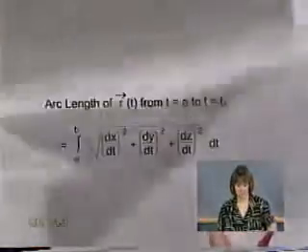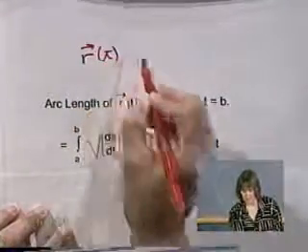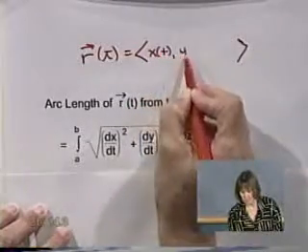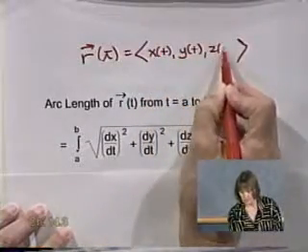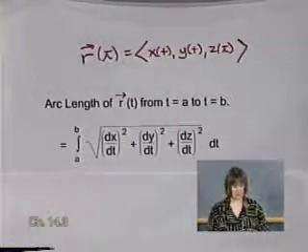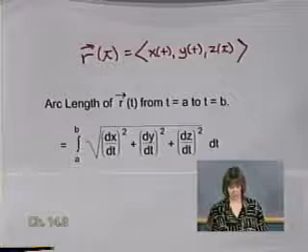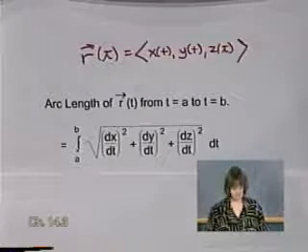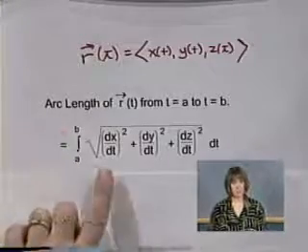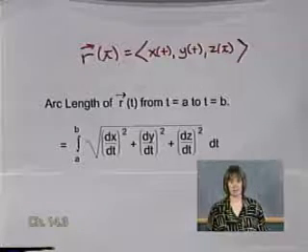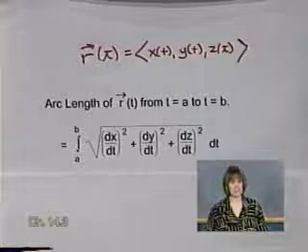Time to take notes. If you have a function r of t that is a vector valued function that has an x component, a y component, and a z component, and we want to determine the arc length of this curve from t equals a to t equals b, all we need to do is integrate from a to b the square root of dx dt squared plus dy dt squared plus dz dt squared dt.